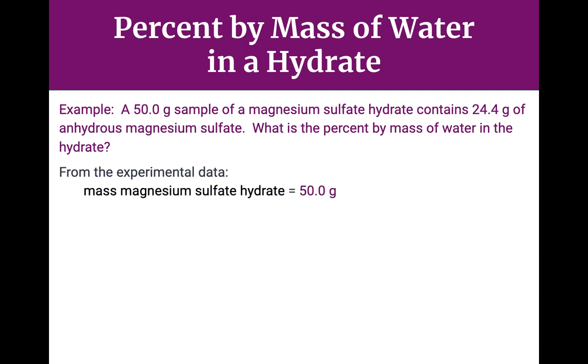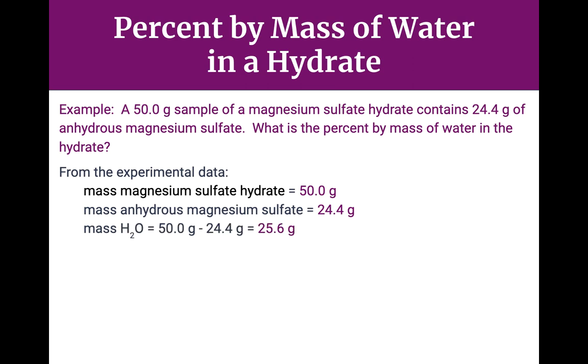So from the experimental data, we know that the mass of magnesium sulfate hydrate was 50 grams. We know that the anhydrous magnesium sulfate, so after all the water is removed, is 24.4 grams. So using those 2 numbers, we can figure out what the mass of water is by subtracting. So there was 25.6 grams of water in that sample.